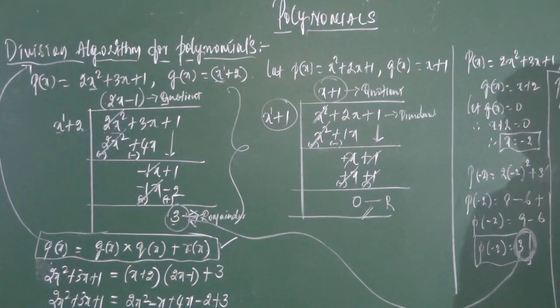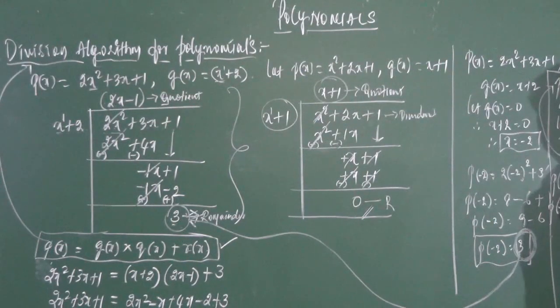Now, find the zero of g of x. So, let g of x be equal to 0. Therefore, x plus 1 is equal to 0. So, x is equal to minus 1. So, put this value in p of x. So, p of minus 1 is equal to minus 1 whole square plus 2 into minus 1 plus 1.